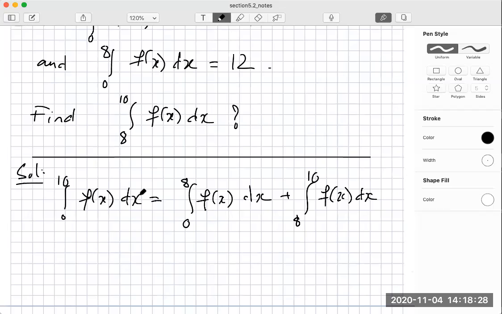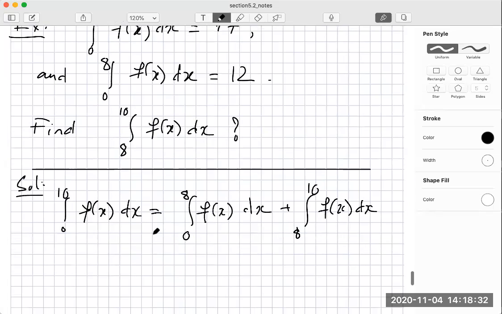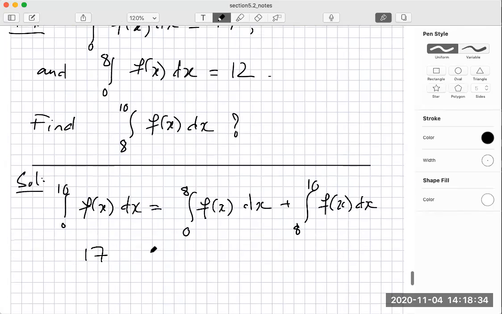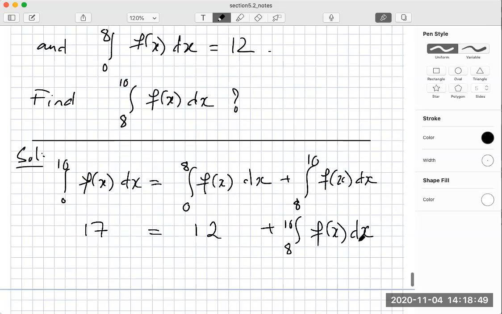Then the integral from 0 to 10 we are given is 17, and from 0 to 8 we are given it is 12.